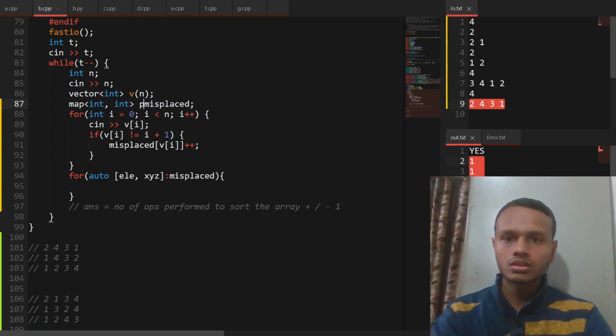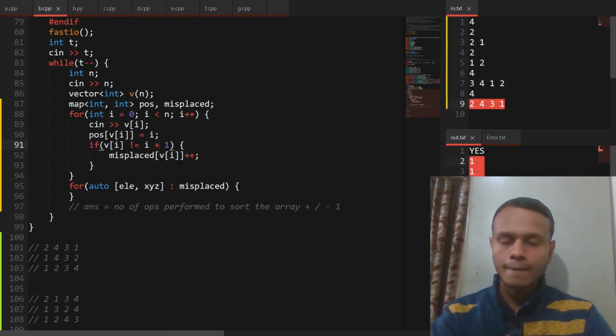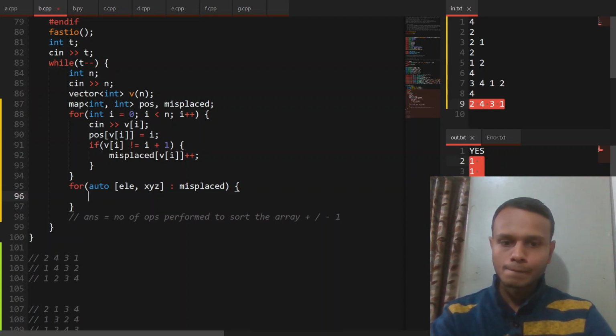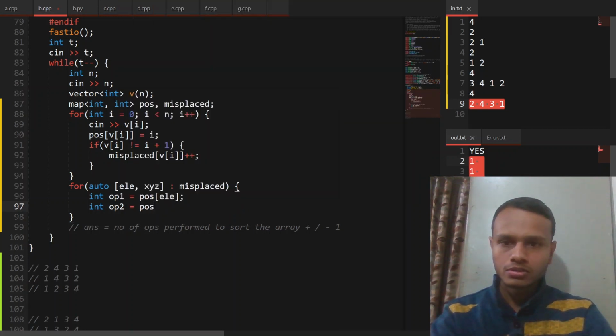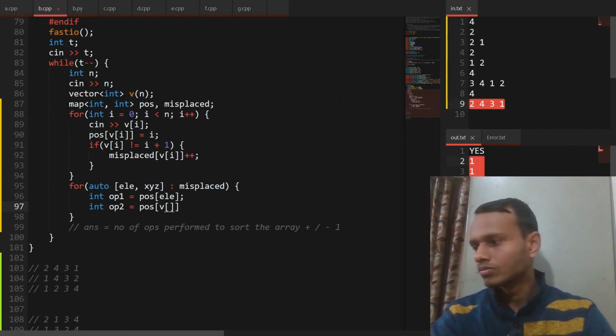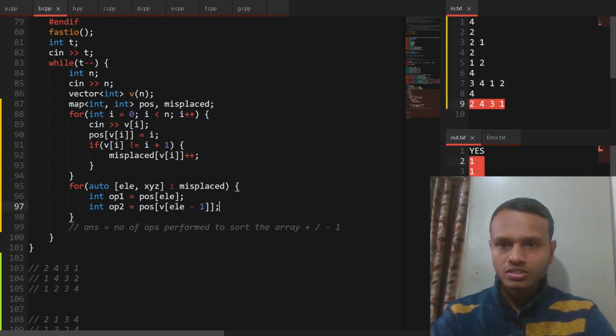Let's call it pos, v of i equals i. Old position 1 is equal to pos of element. Old position 2 is equal to position of v of element minus 1.